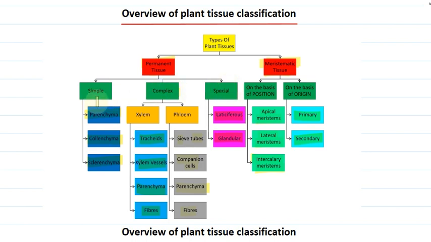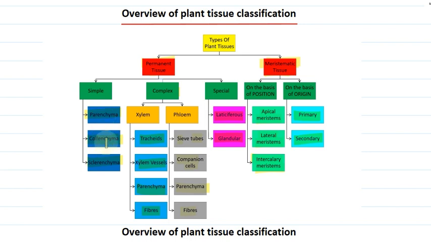Simple permanent tissues are protective and supportive in function, and they are made up of only one type of cells. Under simple permanent tissues, there are three types: parenchyma, collenchyma and sclerenchyma. Parenchyma cells have intercellular spaces and are composed of large thin walled cells that are generally spherical and oval in shape.